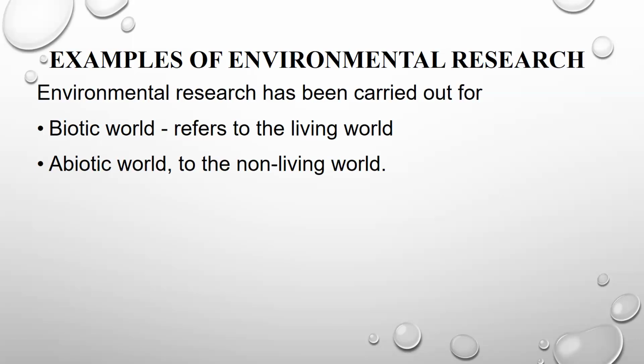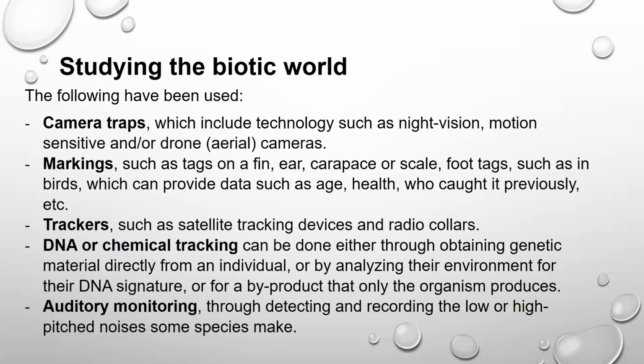Is it the pH condition of soil or water on a specific species of fish? Anything that is living. Then you can also carry out studies on non-living things, maybe soil, maybe water, maybe you are studying the temperature or the pH. Anything you want to think about in the environment can be studied. So how do you study the biotic world? I'll just talk about this slide and then we close and continue.